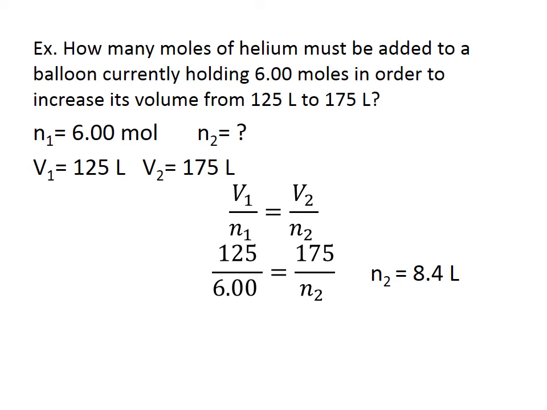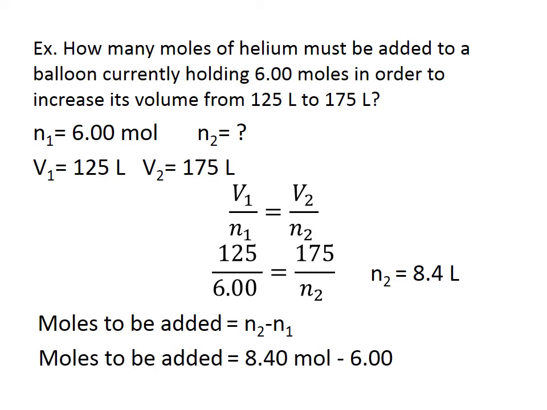So how do we determine the number of moles that must be added? We already have 6.00, we want 8.40, so the moles to be added will be N2 minus N1. So that's 8.40 minus 6.00 moles, and that gives us 2.40 moles.